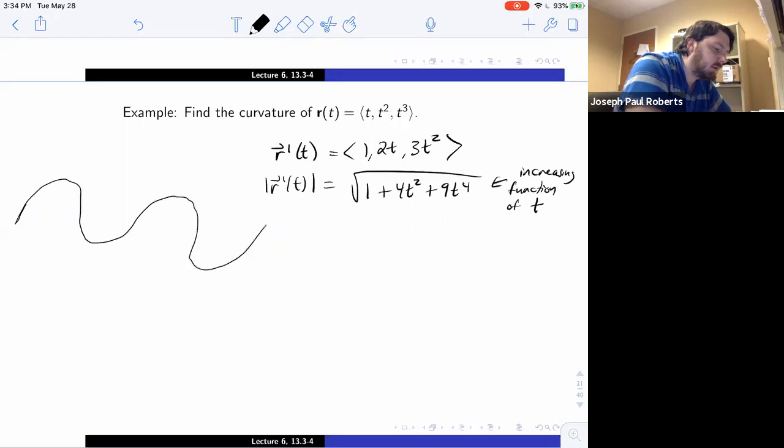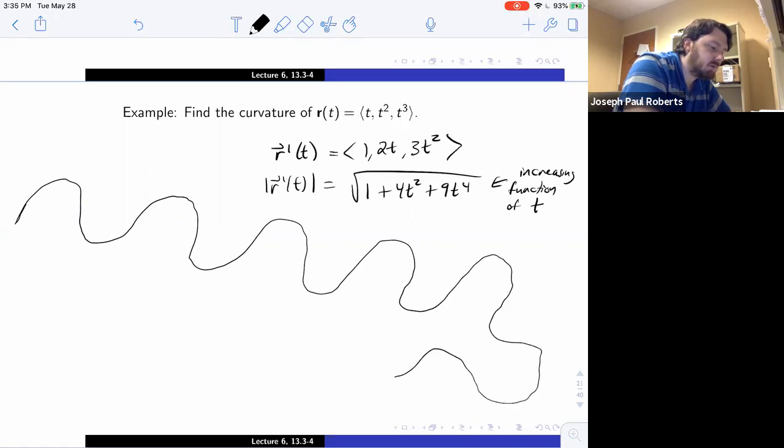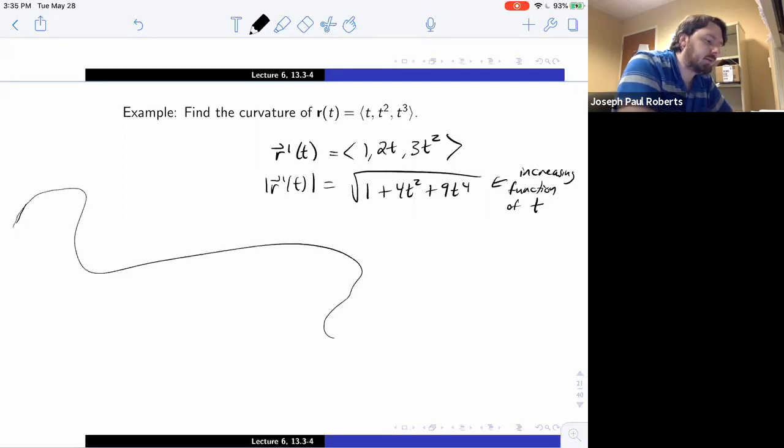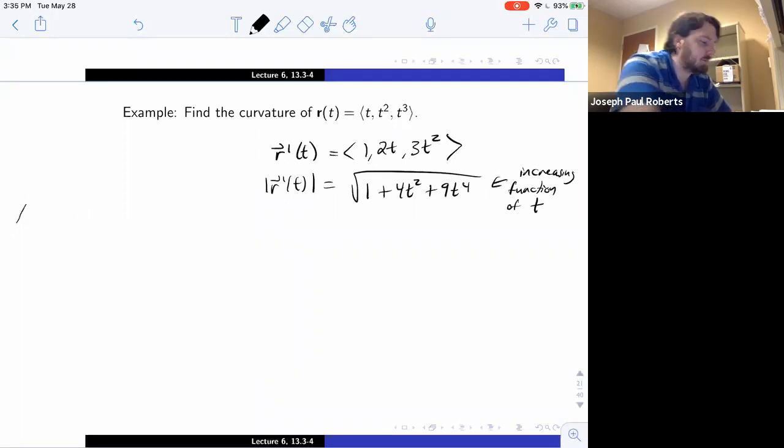Essentially, how curved this curve is shouldn't care how fast I'm tracing it out. It should be just how curved it is. What's this shape doing as I trace it out at a constant speed? Having it be like this and like that can screw things up. So anyway, long answer.